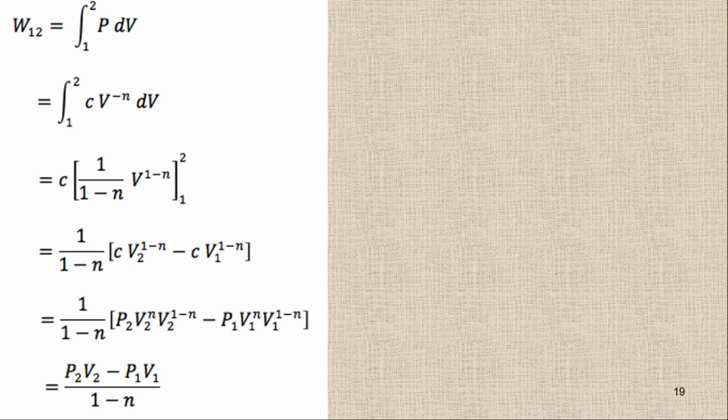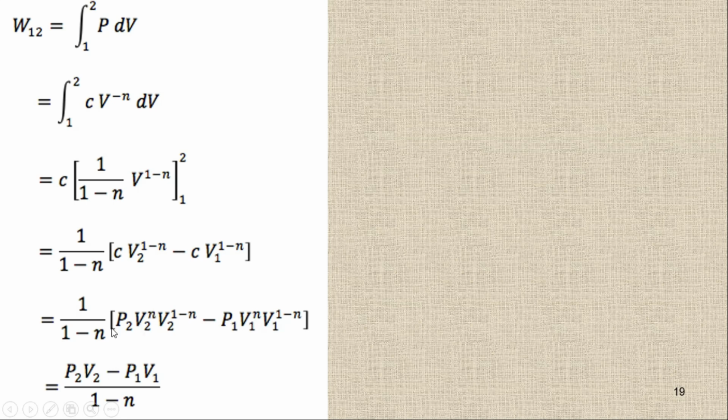So for the first term, I'm going to write P2 V2^n for this C, and we have V2^(1-n) from here. Then we have minus, and then we have C, which is P1 V1^n, times V1^(1-n).